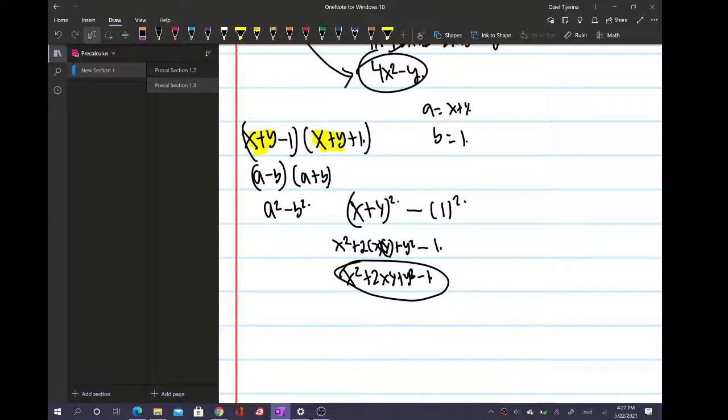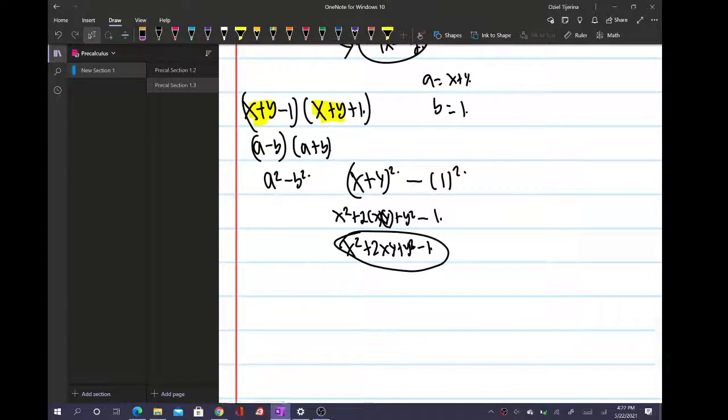You'll be great, because it'll just help you a lot. And that is why we're going over this, because in Precalculus, they want you to make sure that you are prepared enough for calculus to understand these basics, because these occur a lot in Calculus 1 and 2.